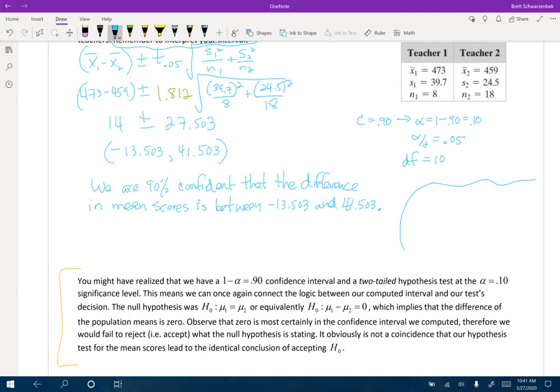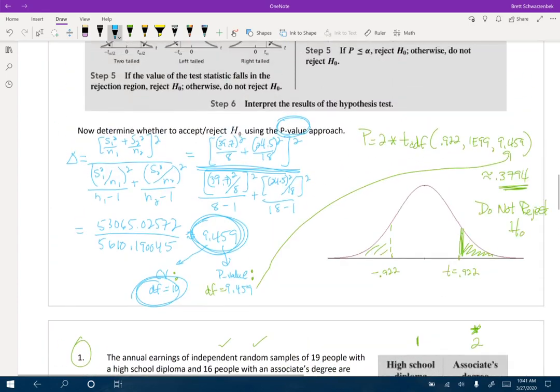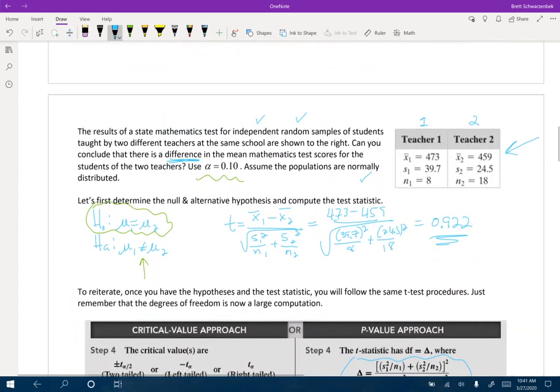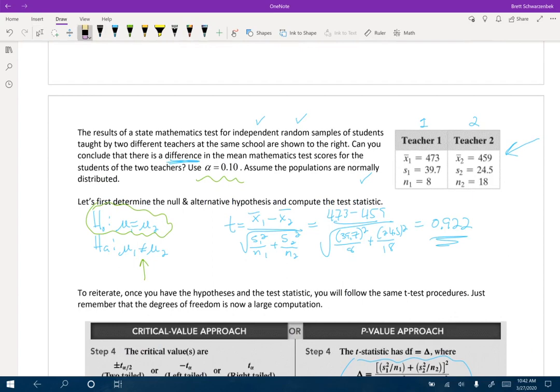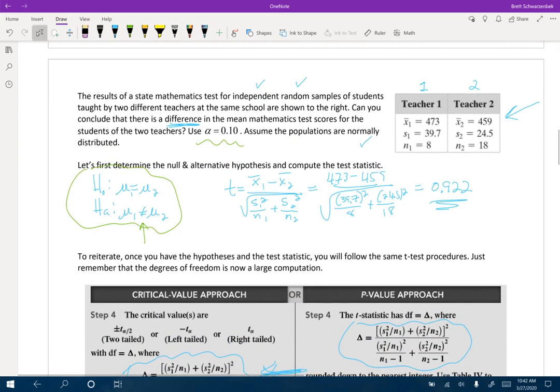So for example, if we go to this test, remember our first problem, we were testing these teacher scores, and we said we have a two-tailed test at 10%. So we can use a 90% confidence interval with the same data to make a judgment about this hypothesis.